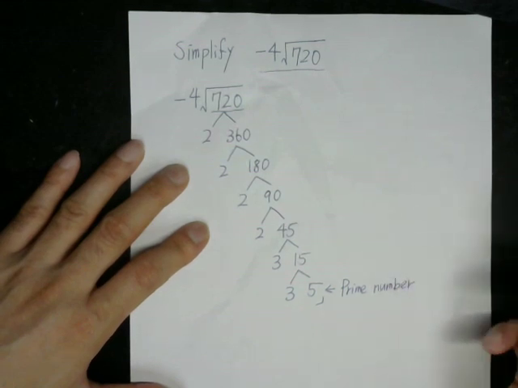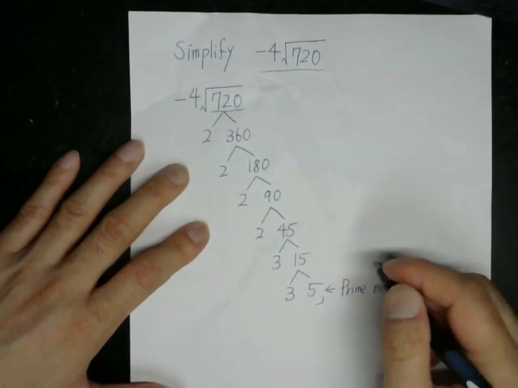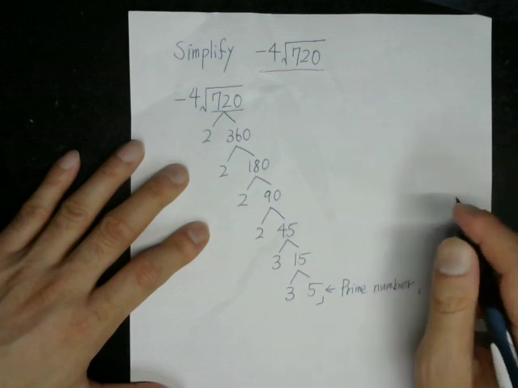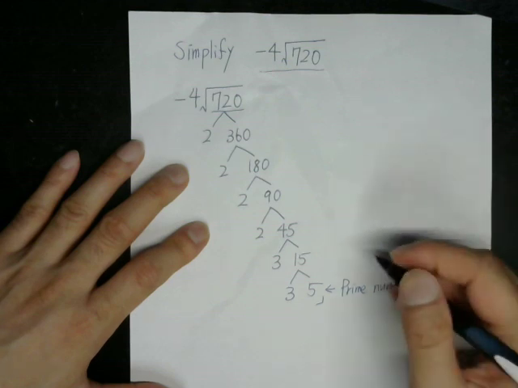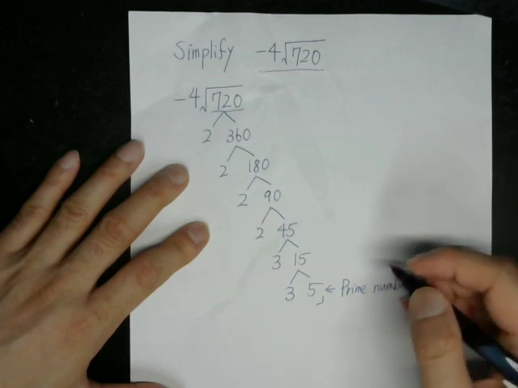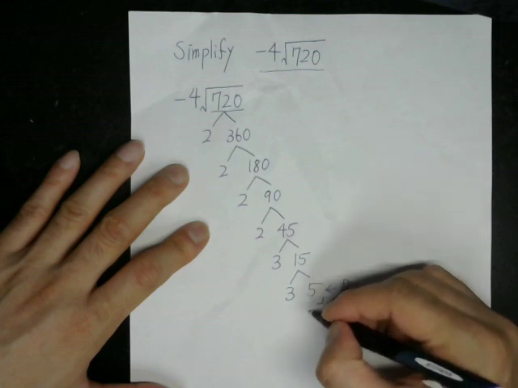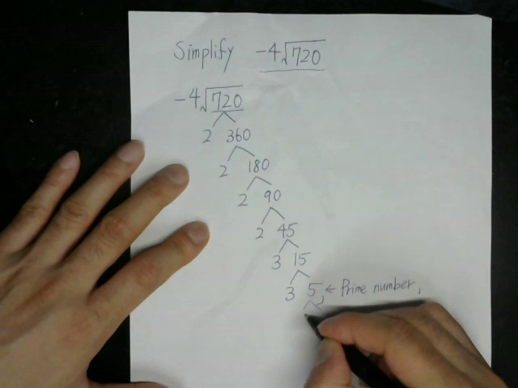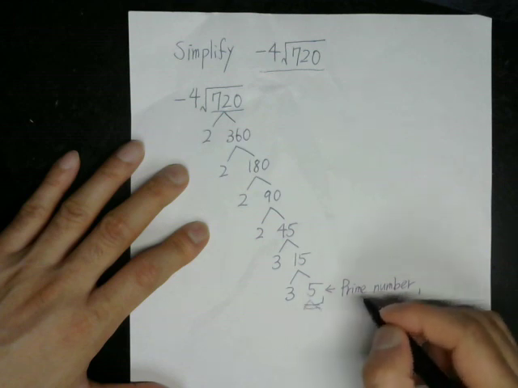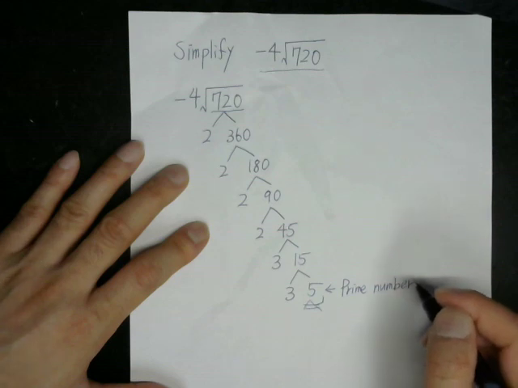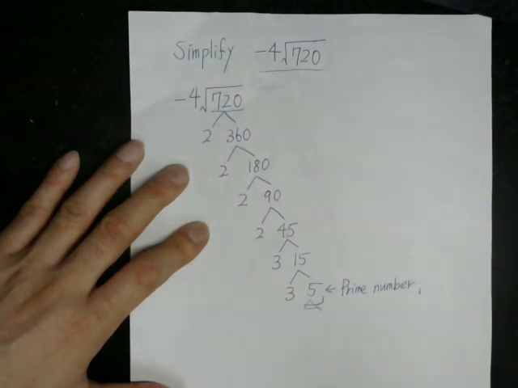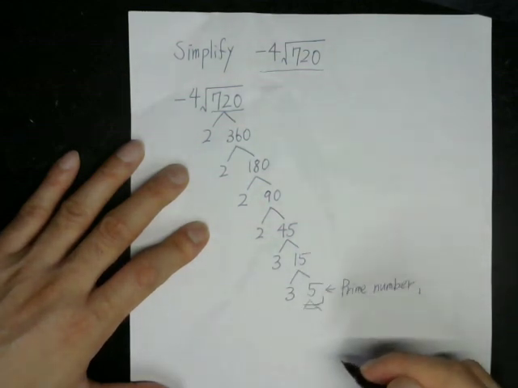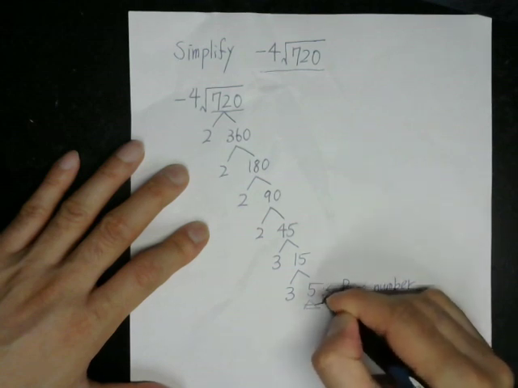What is a prime number? A prime number is a number that can be written only as 1 times itself. You can't divide prime numbers further down, so this is where you stop.